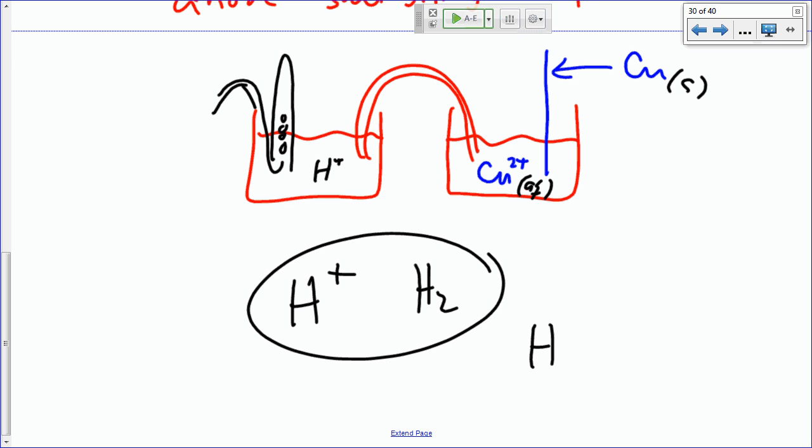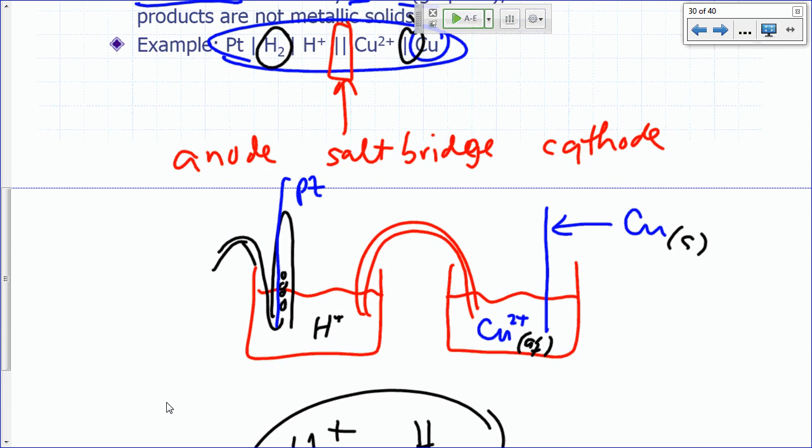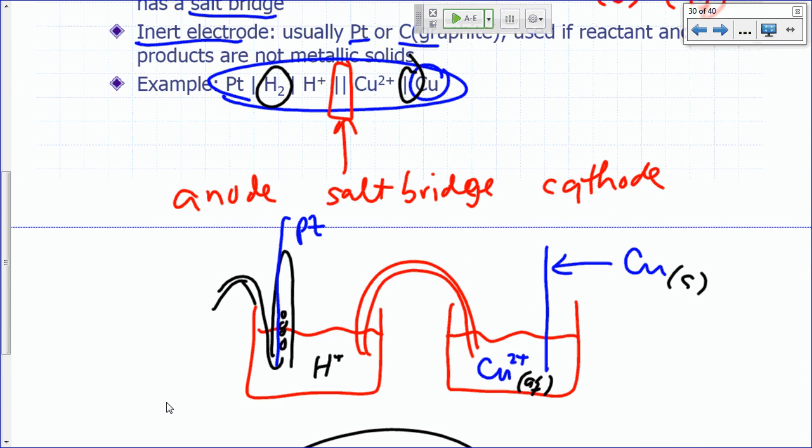H2 will give you what? 2H plus and 2 electrons, right? That would be the oxidation. So I would have to stick a platinum wire in here for it to be able to conduct electricity. So that's what that cell diagram would look like.